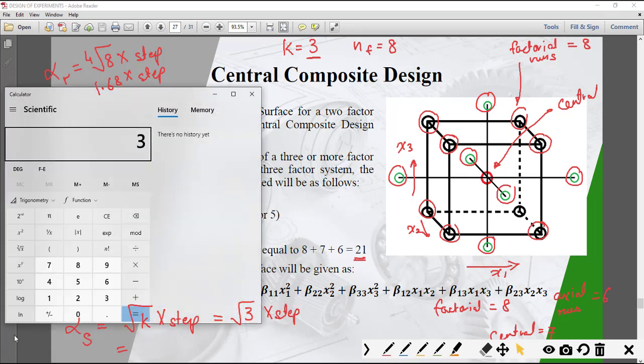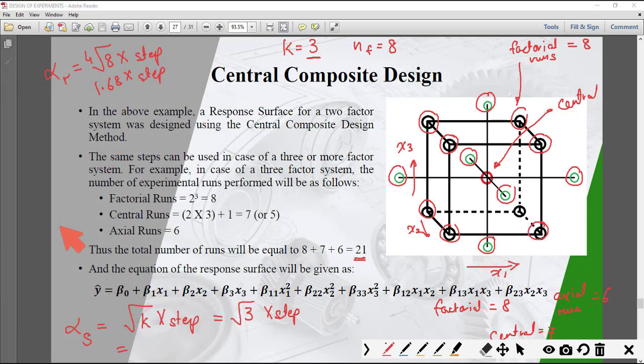It will be the square root of 3, which is 1.73. So it will be 1.73 into step size, whatever the step size might be. In the previous case, the step size was 5. So in this case, what is the step size? Even I don't know, because I have just taken this diagram.